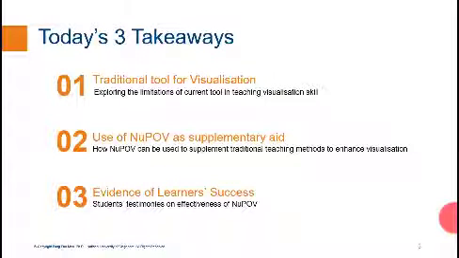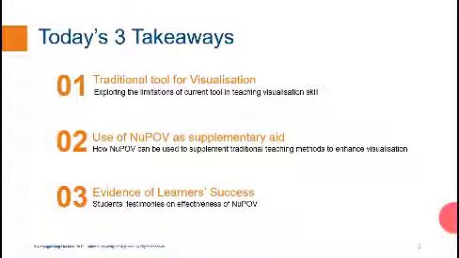So today's three takeaways from the presentation. Number one is that we will introduce some of the limitations of traditional tools for visualization in STEM teaching, in particular teaching biomolecules and organic molecules in a three-dimensional way. Point two is how our AR application, this new POF app, serves as a supplementary aid to support teaching the conversion of two-dimensional to three-dimensional molecules in the learner's mind.